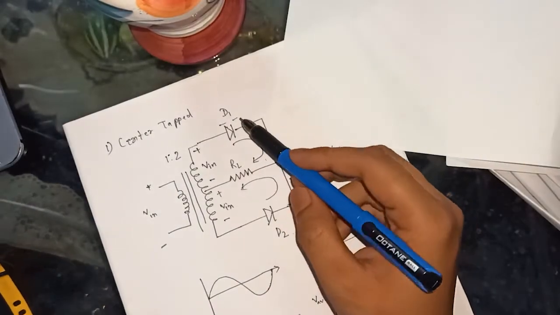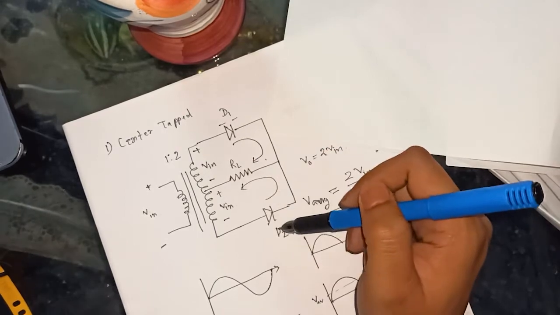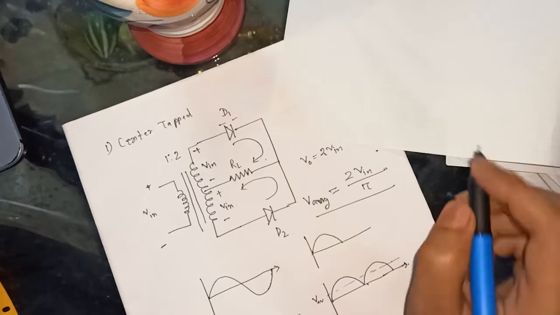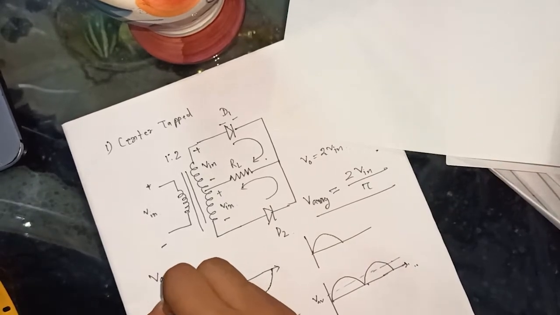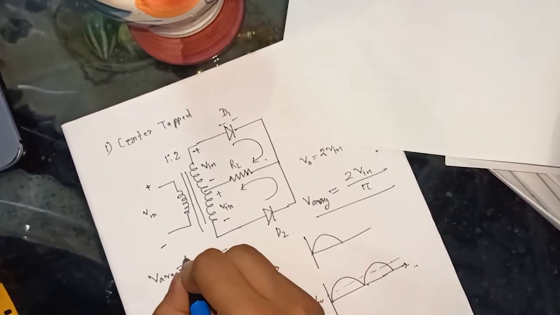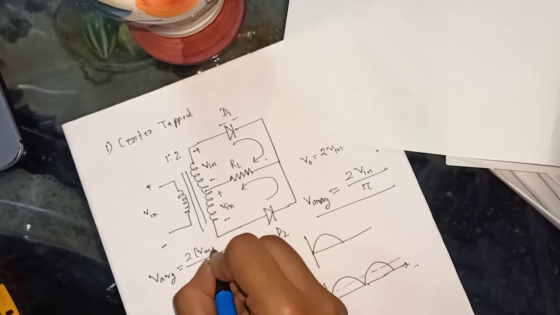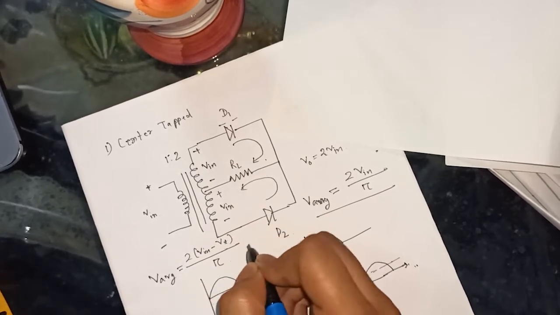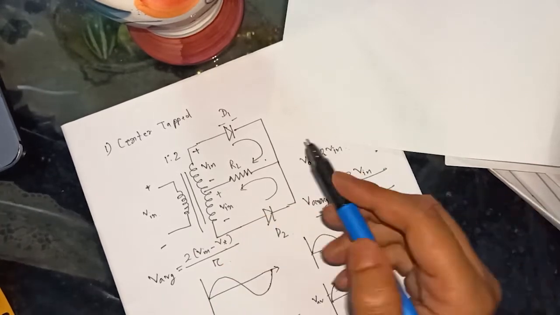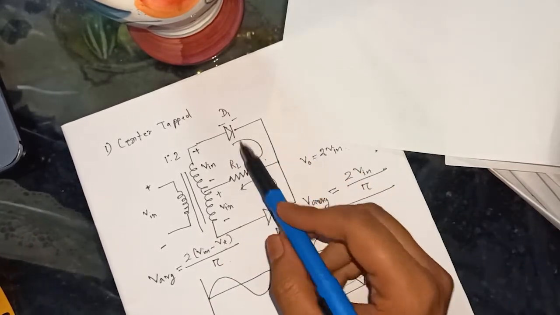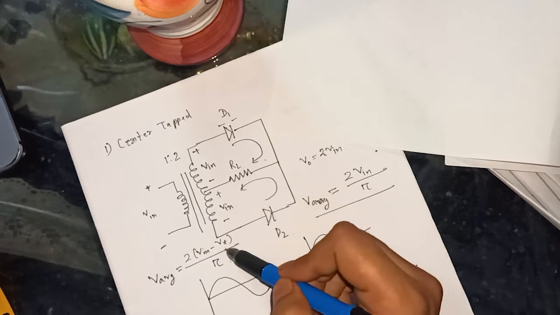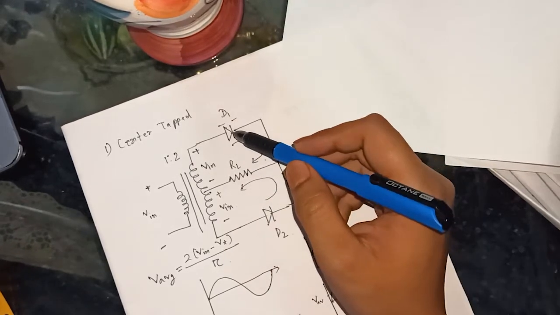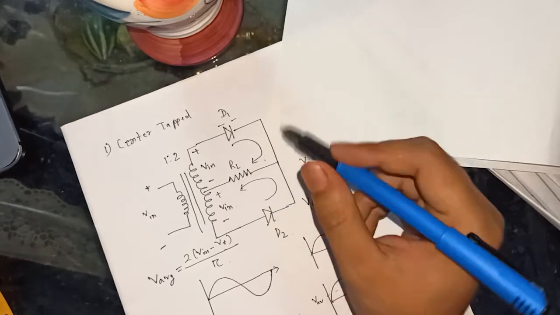And if we consider D1 and D2 are not ideal, in this case the V average value will be V in minus Vt, divided by pi, where Vt is the threshold voltage of the diodes D1 and D2.